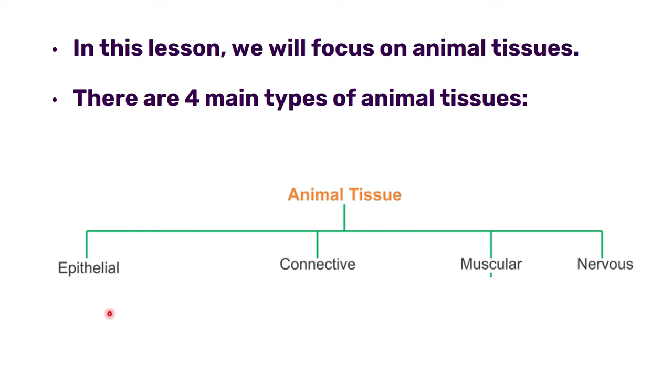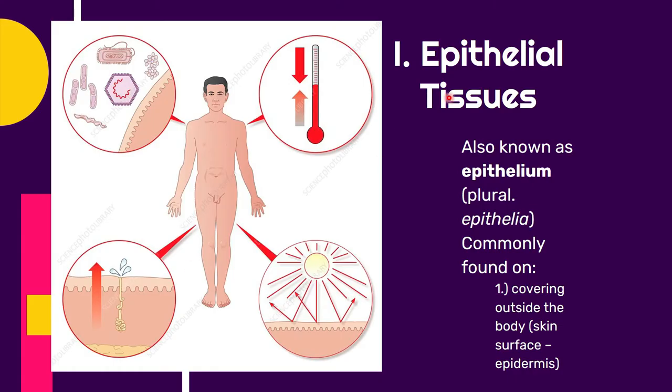Okay, so let us proceed to epithelial tissues. Epithelial tissue is also known as epithelium if singular. If plural, you can call that epithelia. Epithelial tissues can be commonly found, number one, covering the outside of the body, which is the skin surface or the epidermis.